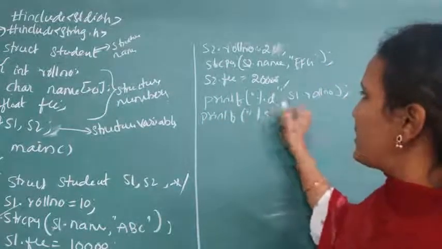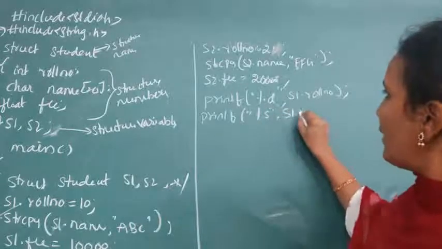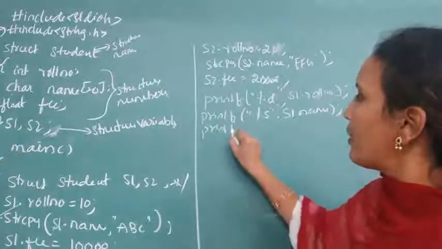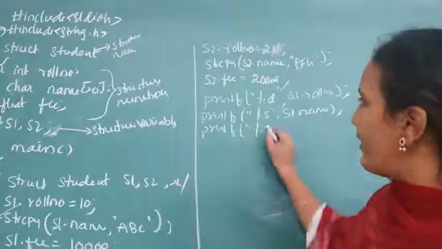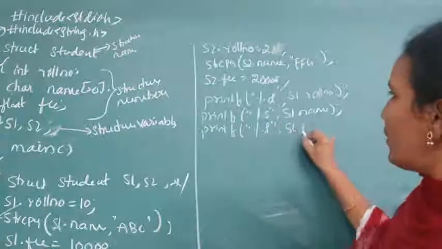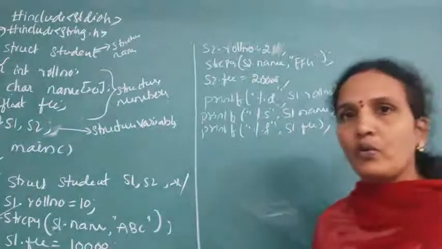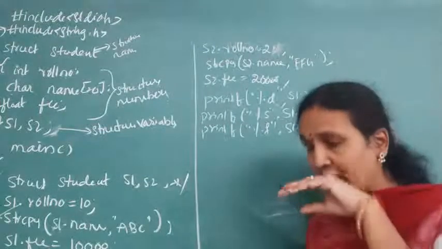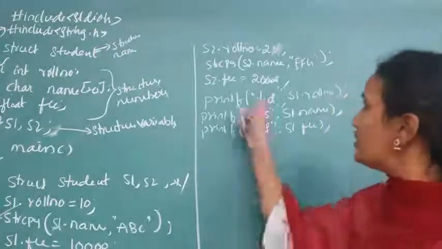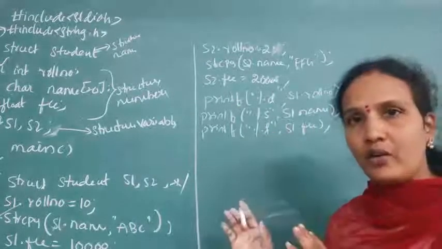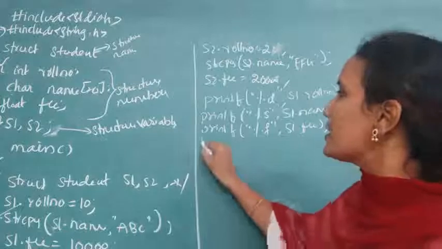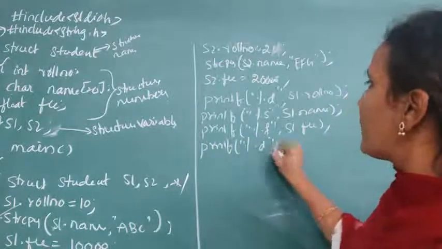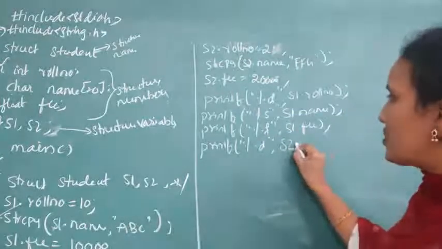Next percent s, S1 dot name. Percent f for float, S1 dot fee. This is only for the first student record. For each and every student we have three members. Now we will print the second student record. Print again, percent d. Here S2 is the second student.